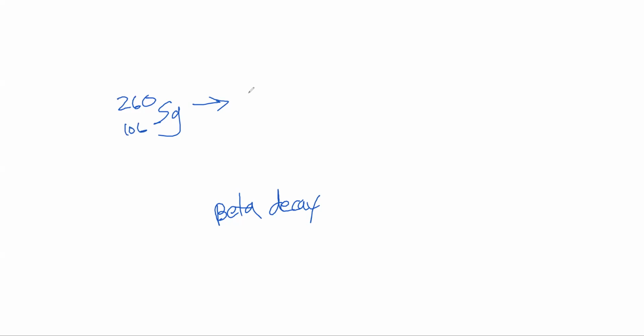And so if we're doing a beta decay, we should be losing a beta particle, which is an electron. And so what do we know about our daughter isotope? What should its mass number be? 260.